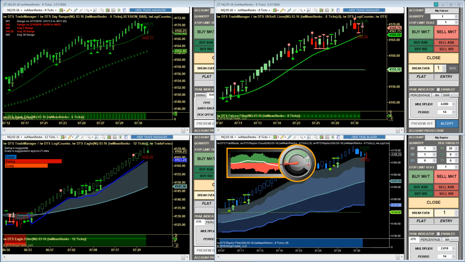We should have another opportunity here to get into a trade shortly. But now that they've kind of made their move higher, our best course of action is to wait for this macro pullback, maybe a hard edge bounce, maybe a bit of a retracement here on the Raptor.